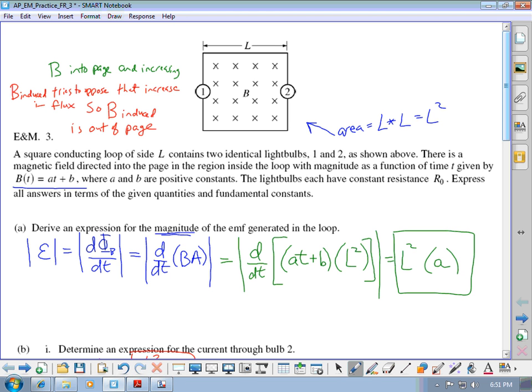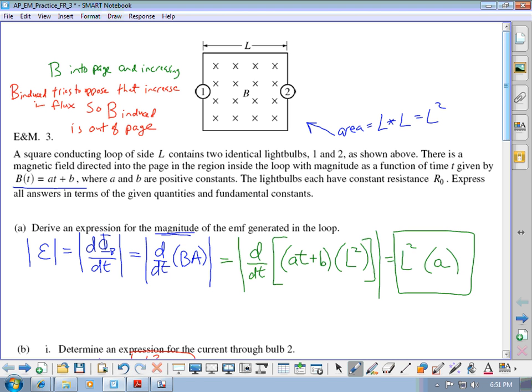If the induced magnetic field is out of the page, and you want to use that to figure out what direction the current is flowing, remember, if the thumb of your right hand points in the direction that the current is flowing, your fingers wrap around in the direction of the magnetic field.